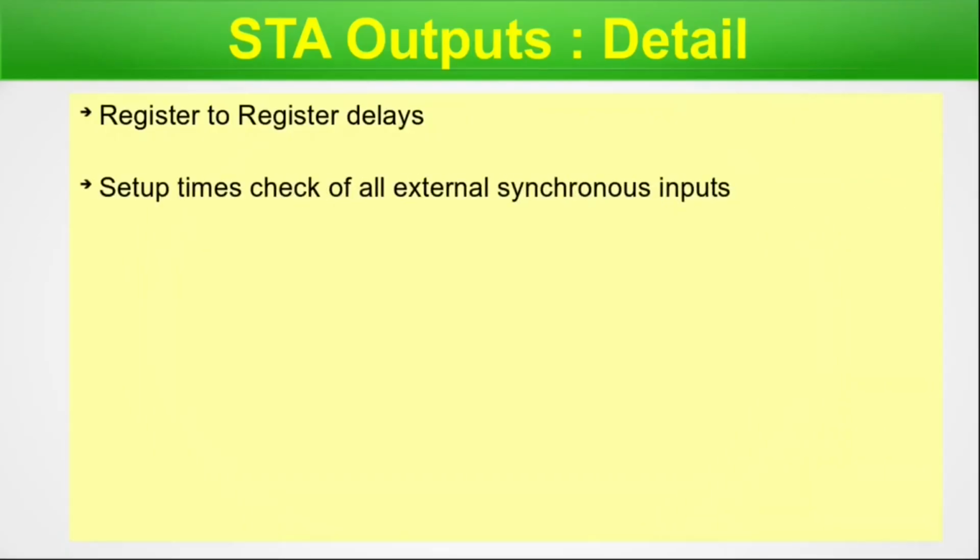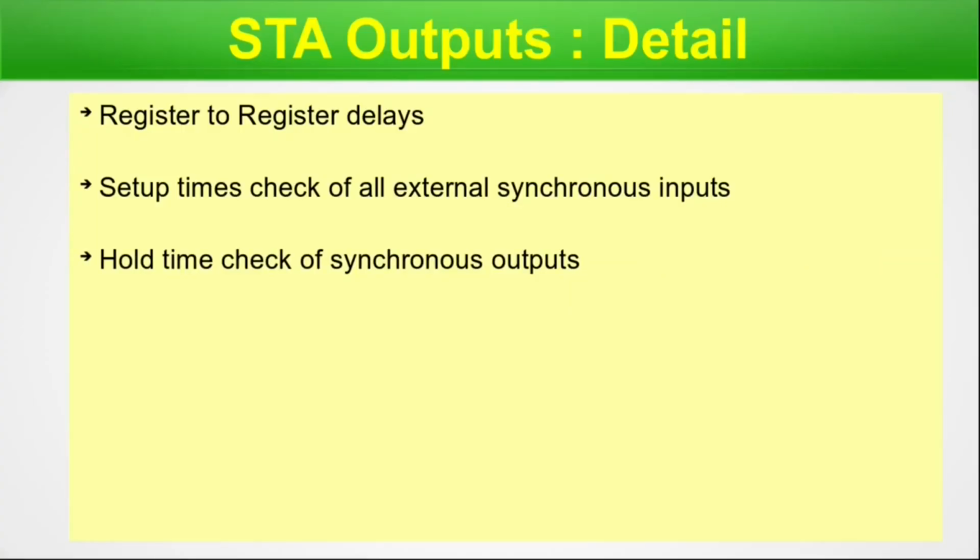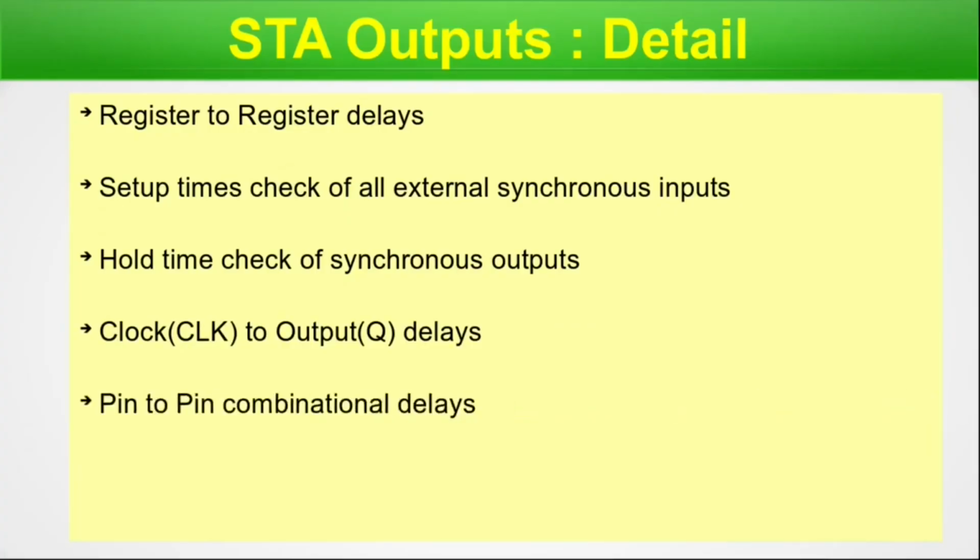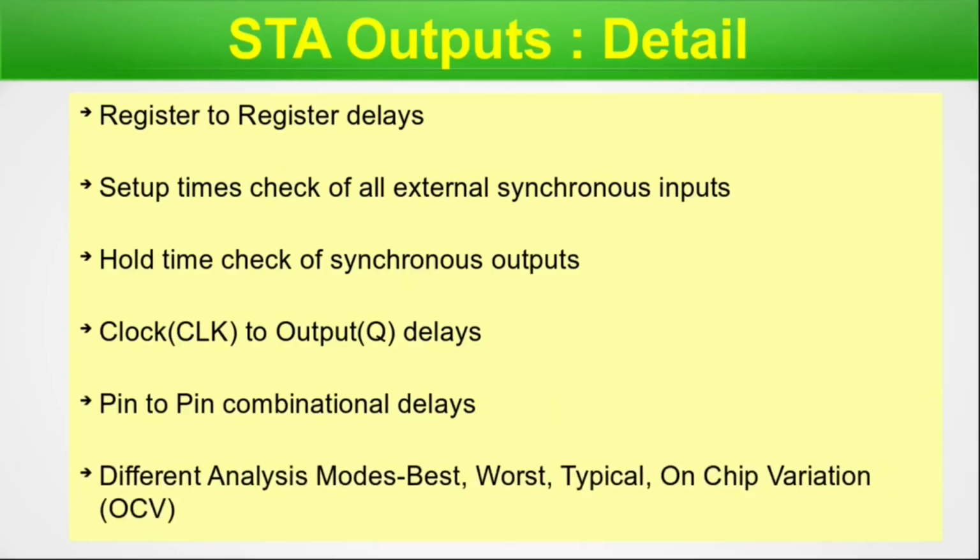So these are register to register delays, setup time check of all external synchronous inputs, hold time check of synchronous outputs, clock to Q, that is clock to output delay, pin to pin combinational delay, different analysis modes such as best, worst, typical, on chip variation, that is OCV. The list has not been exhausted yet. To continue, here we go.